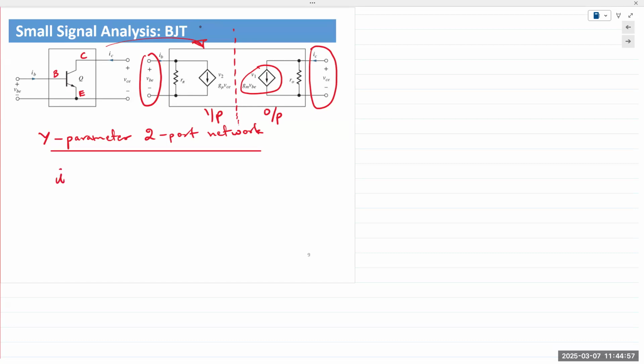I can write IB on the input side as a function of G pi times VBE plus G mu times VCE. On the output side, the collector current can be written as GM VBE minus GO VCE.